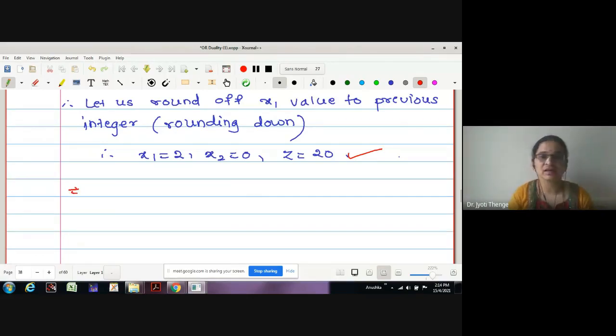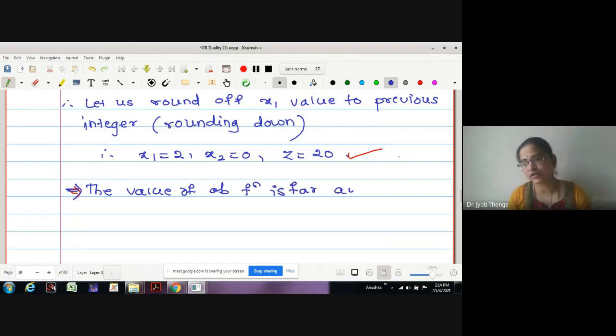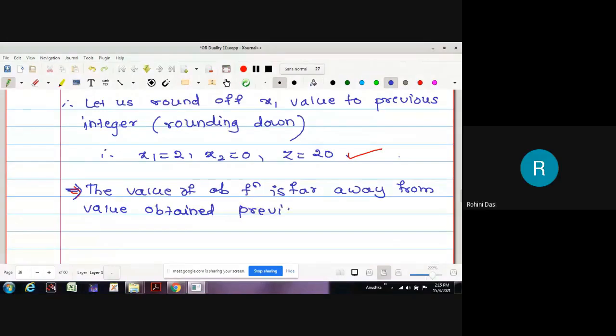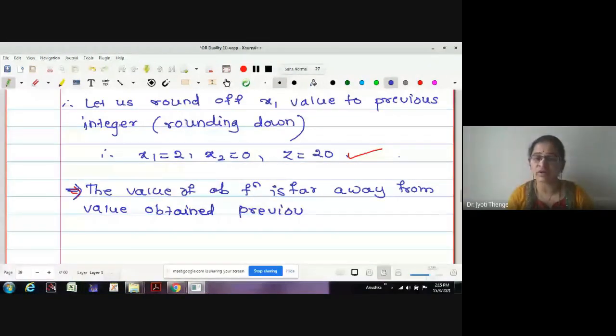Therefore, the value of the objective function is far away from the value obtained previously. That's why rounding to the next integer and rounding to the previous integer both may not work for the given problem.